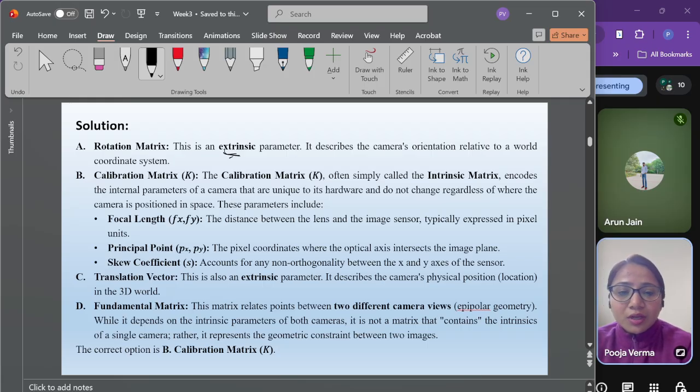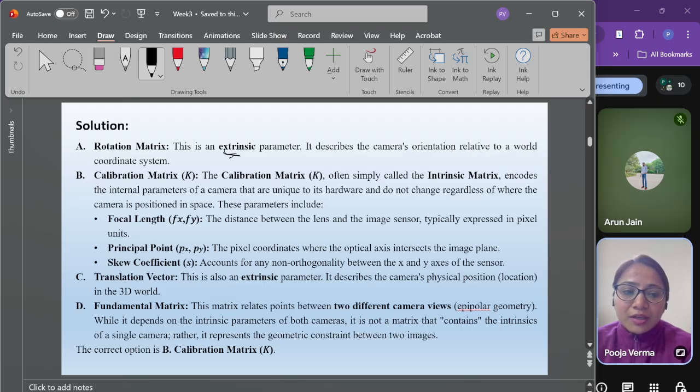The other option is the translation vector. This is also an extrinsic parameter, not an intrinsic parameter. It describes the camera's physical position, that is, its location in the 3D world. The fundamental matrix relates points between two different camera views. It depends on the intrinsic parameters of both cameras.